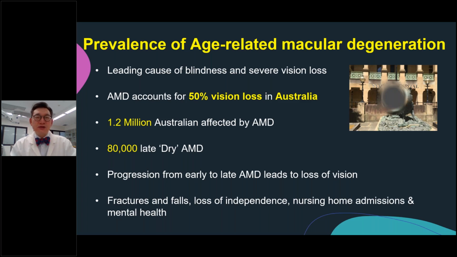There is a progression from early to late macular degeneration, and this is when there is loss of vision. And as many of you may know, loss of sight isn't just simply losing vision, it also results in other issues such as fractures and falls, loss of independence, admission to nursing homes, and it affects our mental health as well.